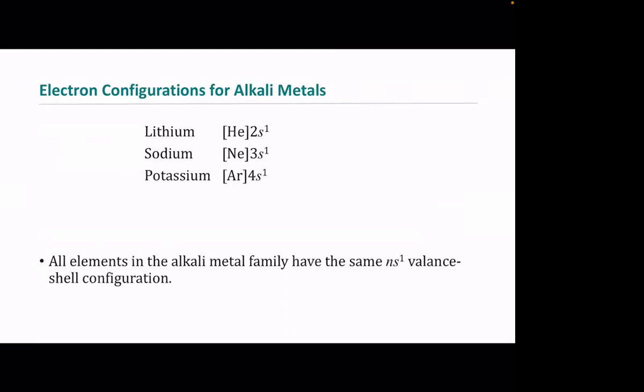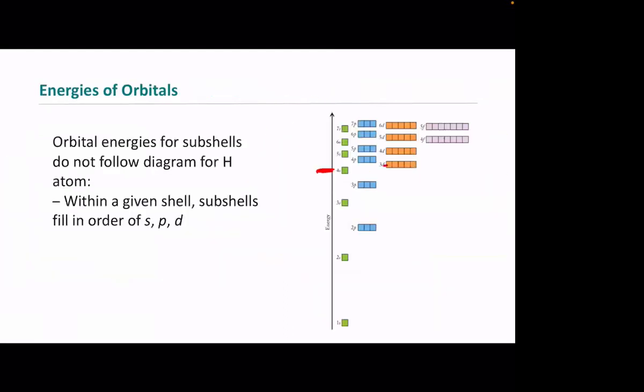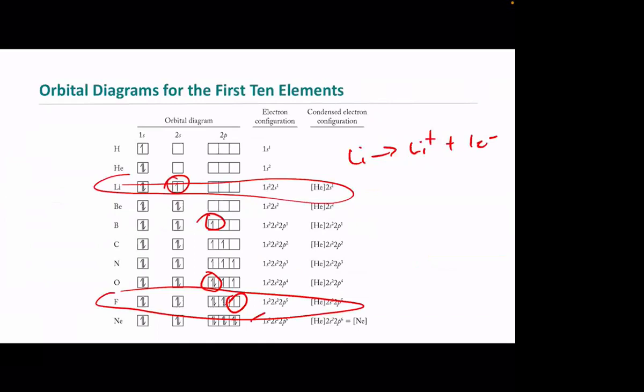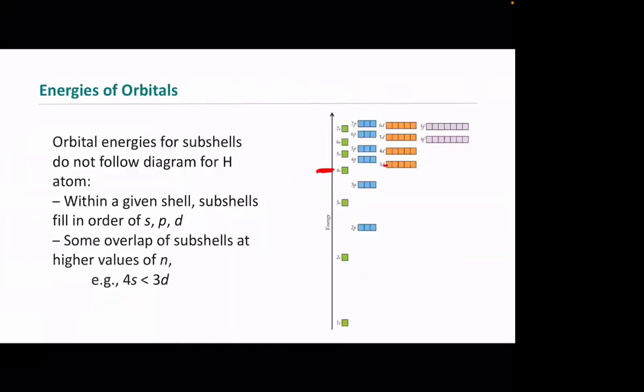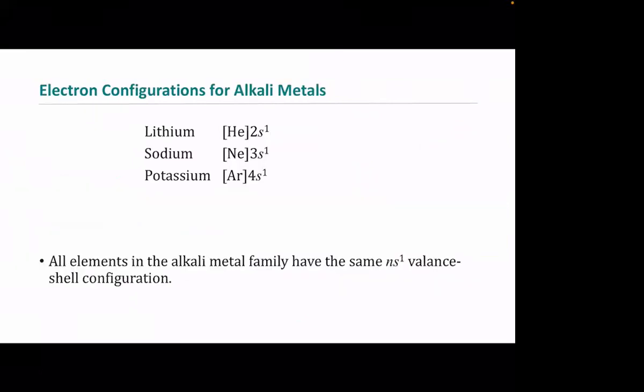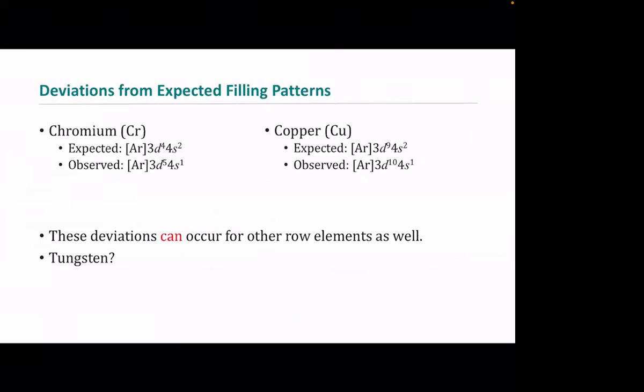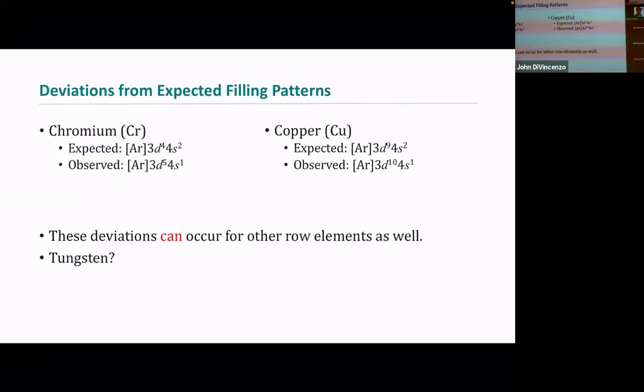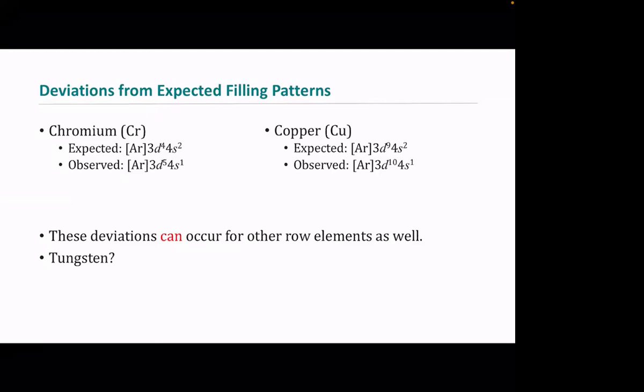Now, as we went through some of the filling and learned how to do these electron configurations here, it's not all so nice and tidy. There are some exceptions to the way things fill. And 2 examples are right here. So looking at chromium, which of course is your first row of your transition metals, group 4 there, period 4. And what you would expect is everything through argon, right?